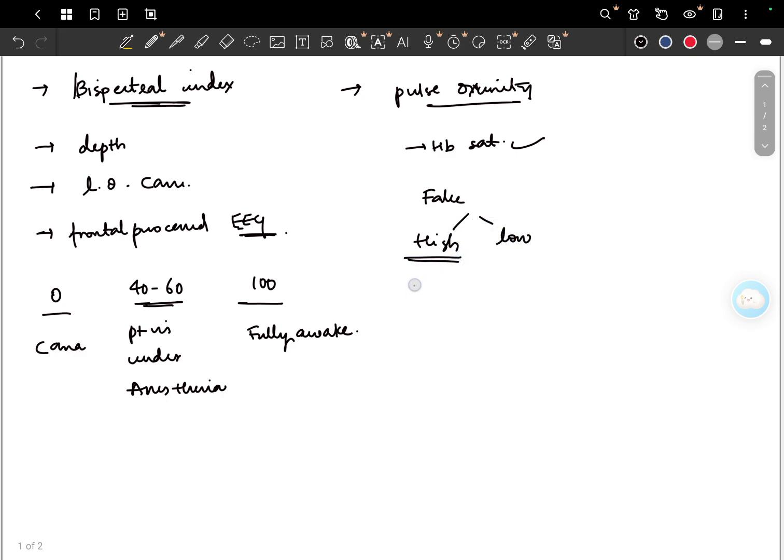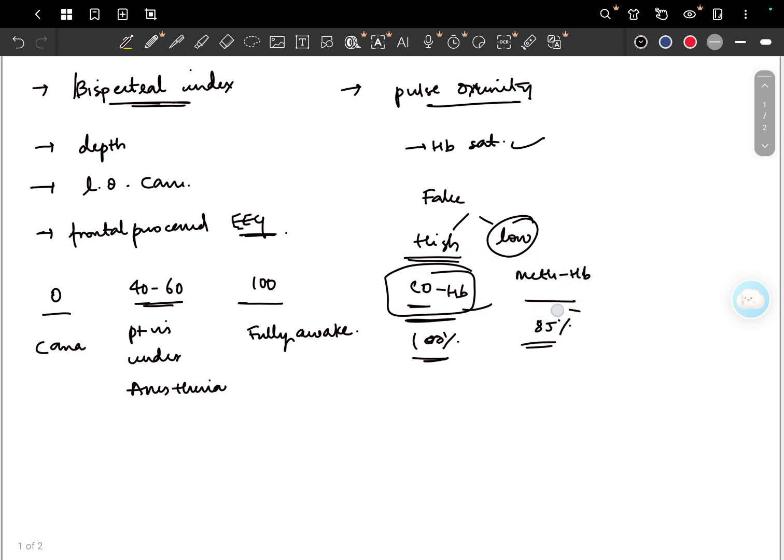High will be seen in carbon monoxide poisoning, where it will be around 100%, and low will be seen in case of methemoglobin, where SpO2 will drop up to 85%, which is actually a false low percentage. So we have to use carbon monoxide oximetry in order to know this saturation accurately.